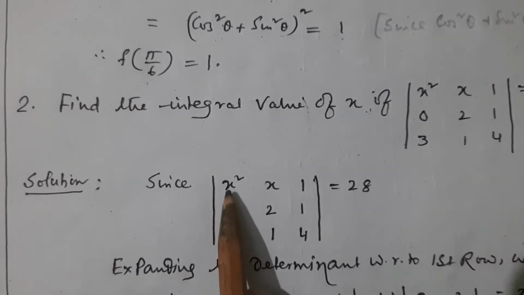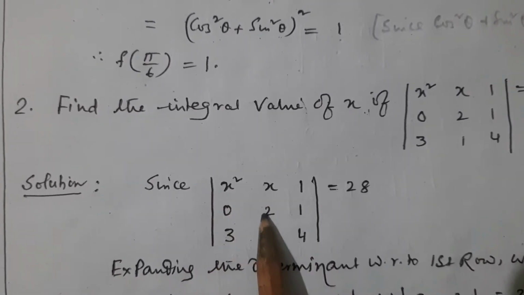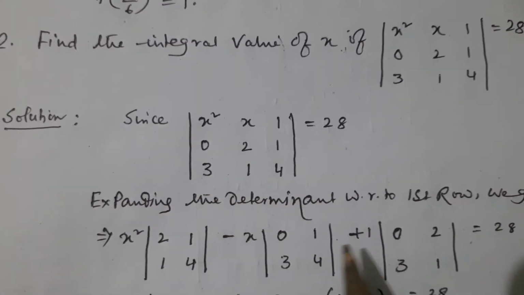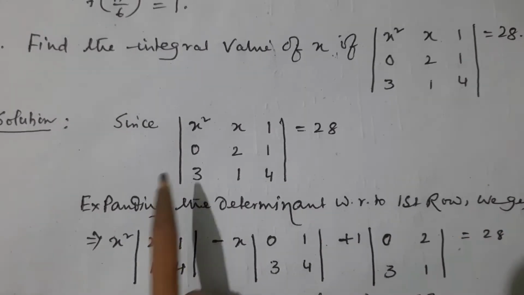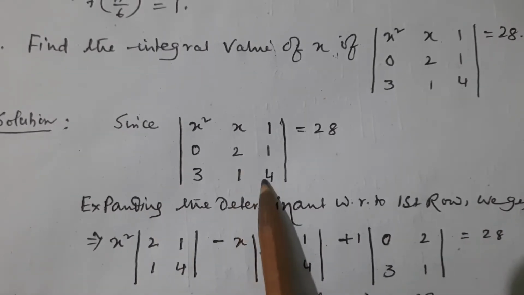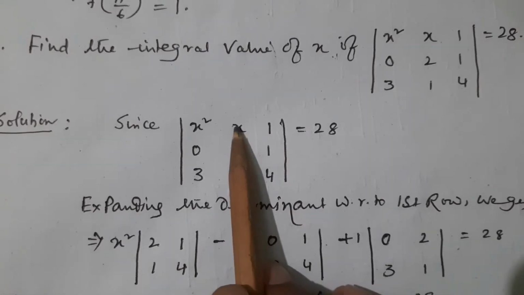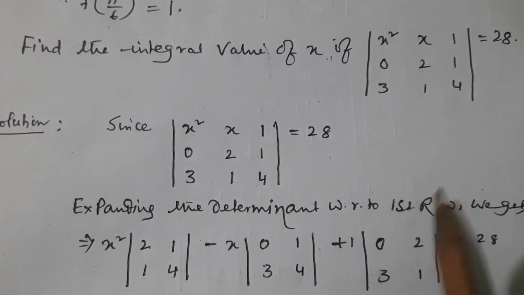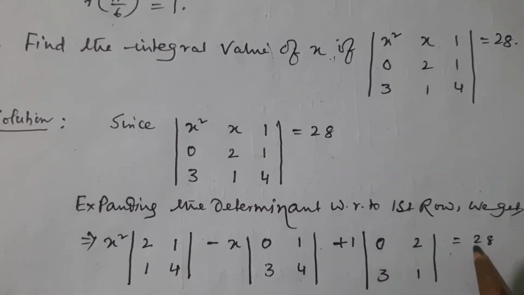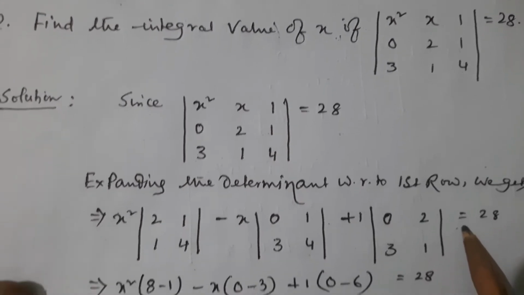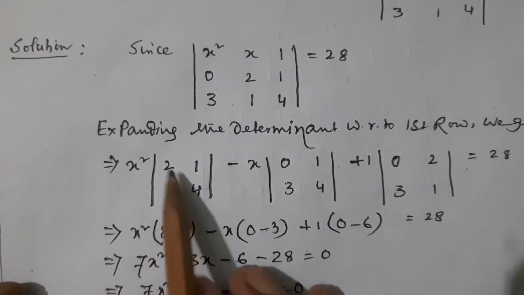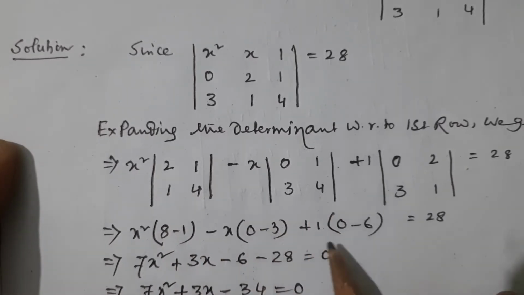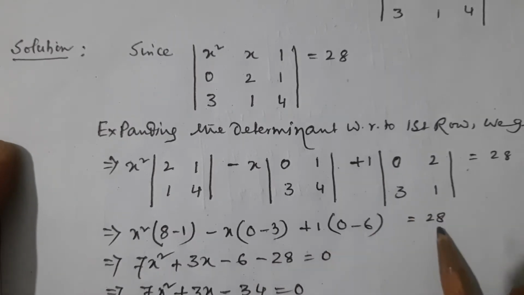Since the determinant equals 28, again expanding the determinant with respect to the first row, we get x square into the determinant 2 1 1 4, minus x of the determinant 0 1 3 4, and plus 1 into the determinant 0 2 3 1, that is equal to 28. We simplify it: x square into 8 minus 1, minus x into 0 minus 3, plus 1 into 0 minus 6, that is equal to 28.